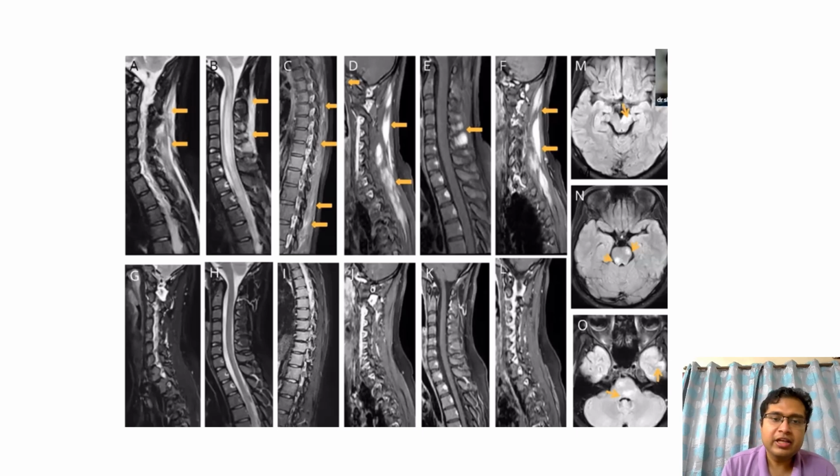Another important feature of MOGAD myelitis that we have to remember is hyperintensity in the paraspinal muscles. The paraspinal muscle hyperintensity is very highly specific, along with brain lesions typical of MOGAD, that is brainstem involvement, deep gray matter nuclei involvement, and cerebellar peduncle involvement.